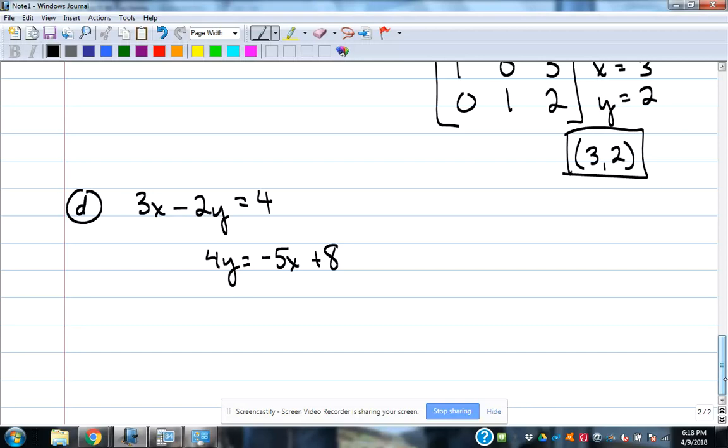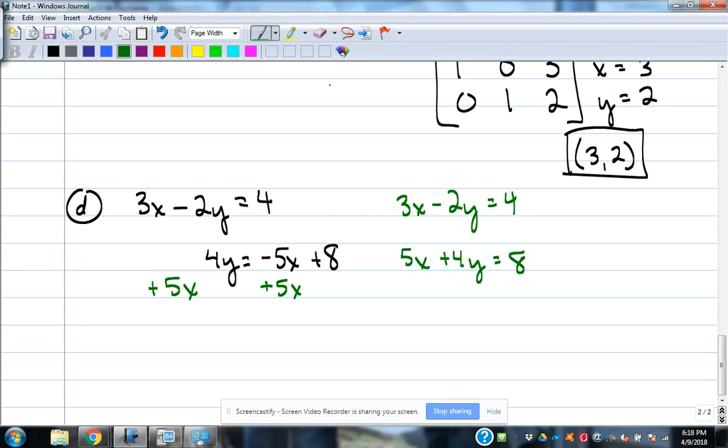The second one is obviously not in that form, so we need to get x back on the side that 4y is on. So how do I move this 5x? I'm going to add it. So that's going to give us 3x minus 2y equals 4, and 5x plus 4y equals 8.